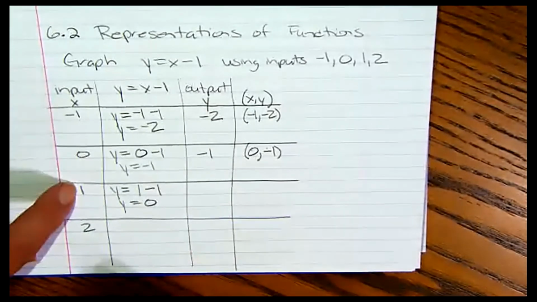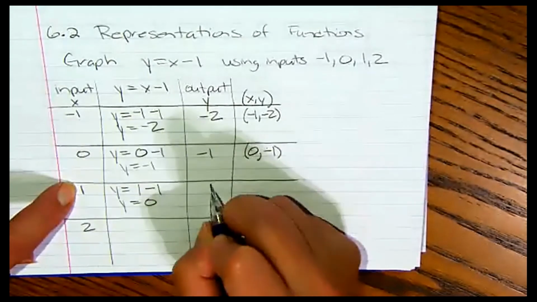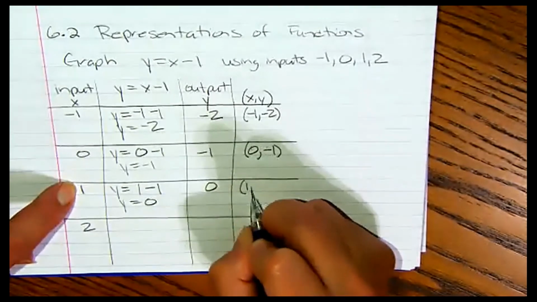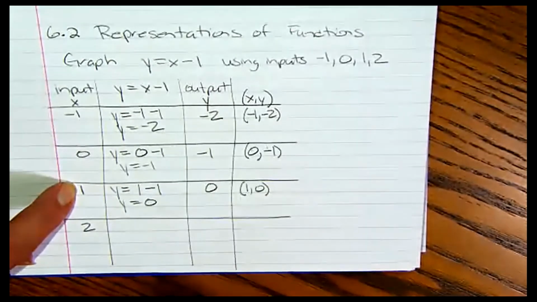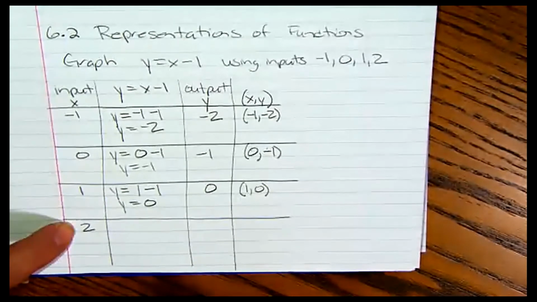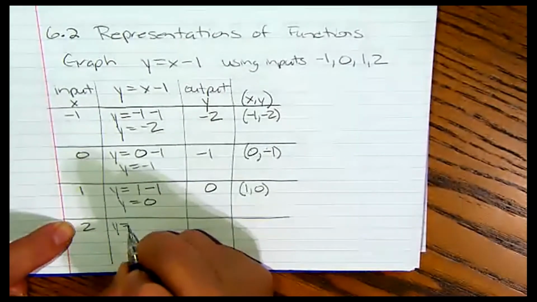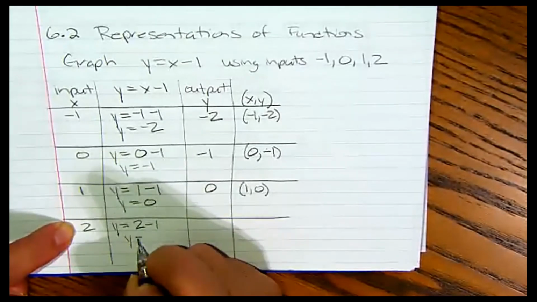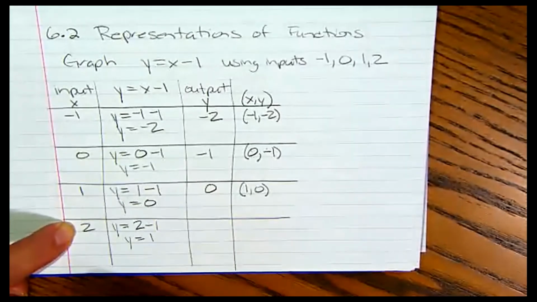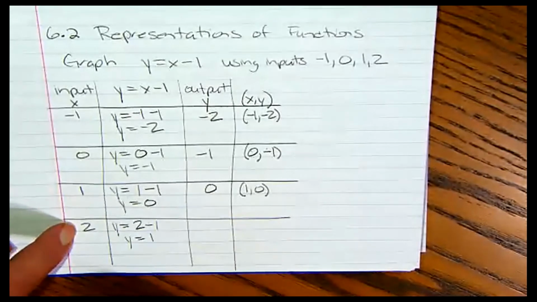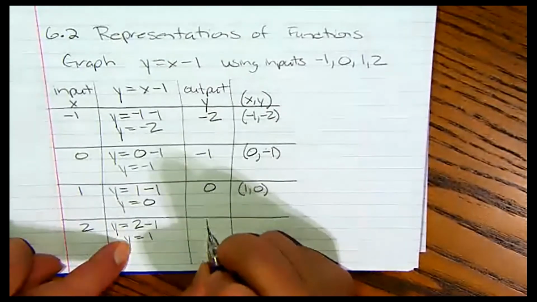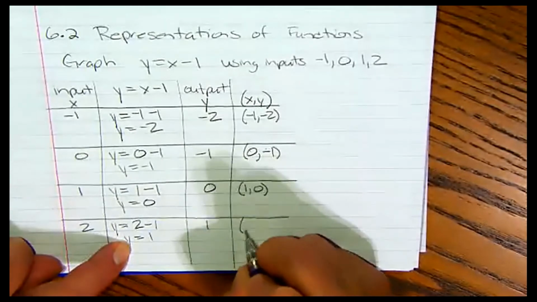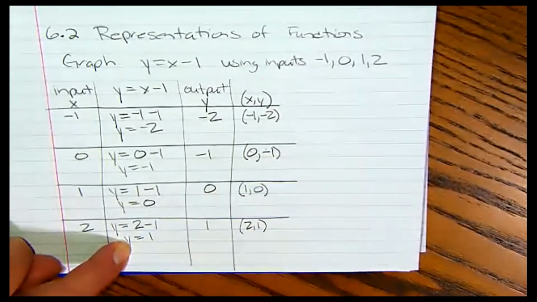So when we input 1, this function spits out 0. So here's my third ordered pair. And then our last one, let's substitute 2 for x and then solve. So when we input 2, this function spits out 1. So here's my next ordered pair.